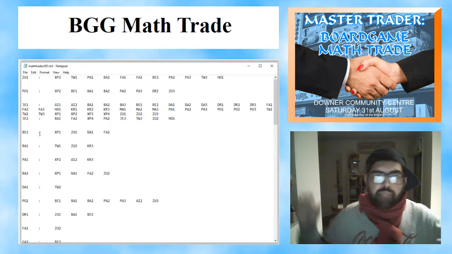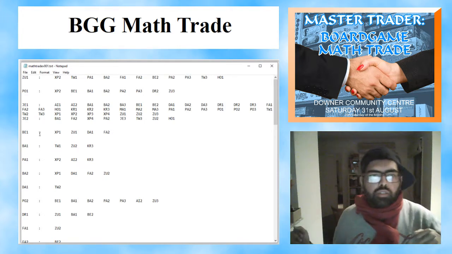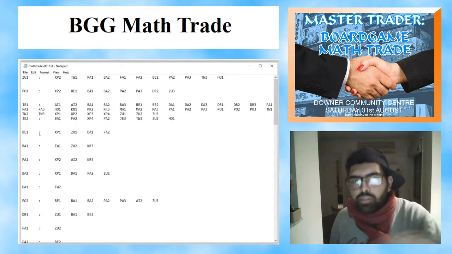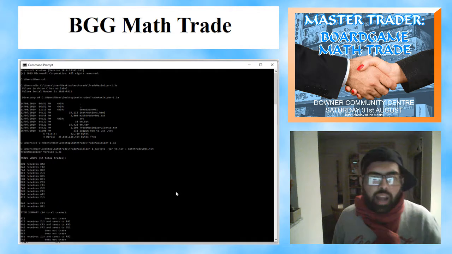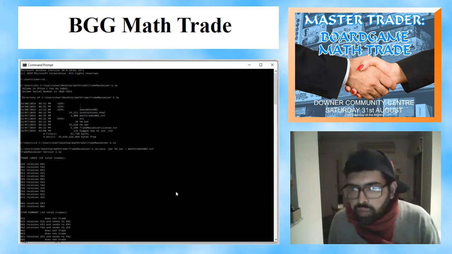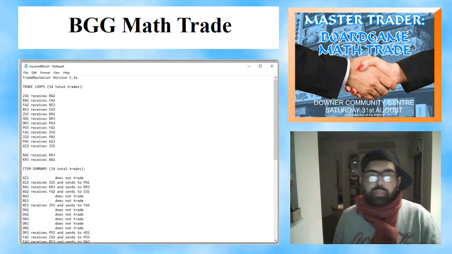This is where the admin does all the wizardry, right? So he's got to export the tables and put them into a notepad.txt file, which is readable by the computer algorithm. So he does his fancy code, runs the code, and boom, literally in a couple of seconds, the algorithm spits out the results, right?